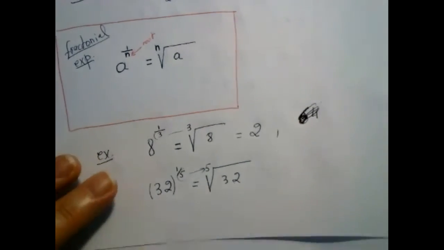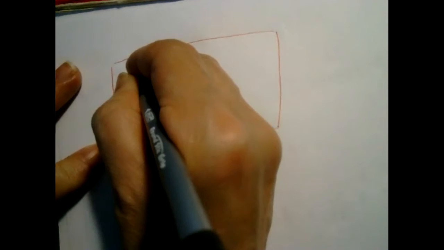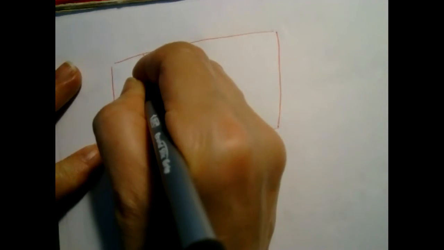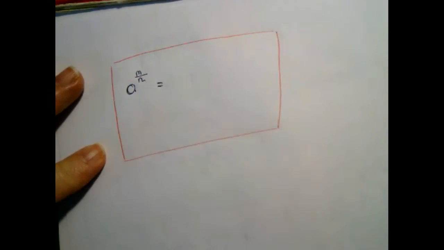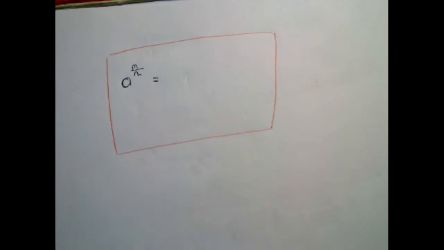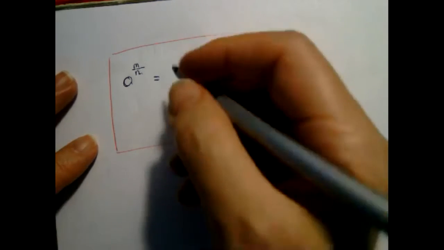Now, the last piece of those exponents, which is a little bit harder, but that's the last one. Again, fractional exponent. Here we saw a to the 1 over n. Now the last piece is, what if we have a to the power m over n, like 2/3? What does this mean?